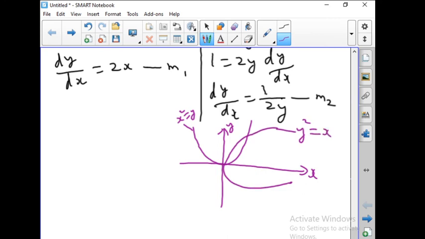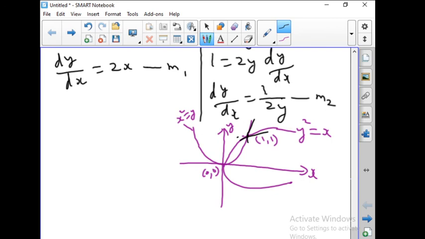Now here this is a point of intersection, and this is also a point of intersection. This is (0, 0) and this is (1, 1). We can draw tangents here as well as here. To this curve we can draw like this, and for this curve we can draw like this.